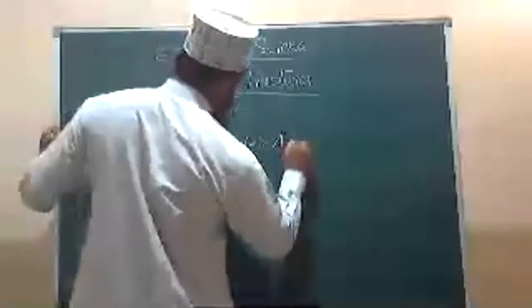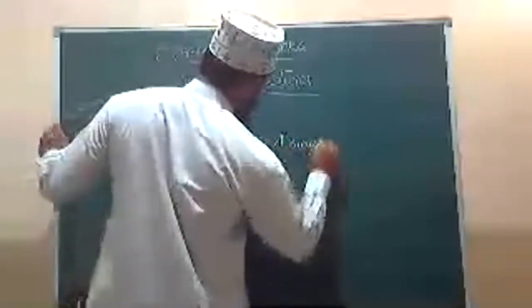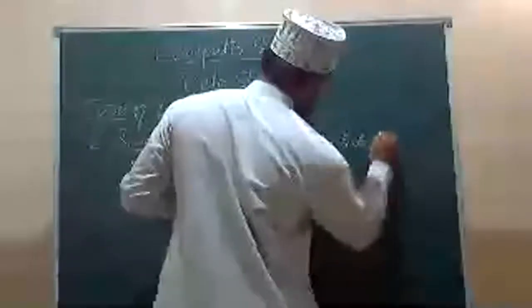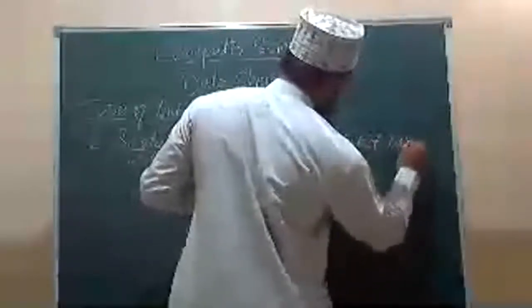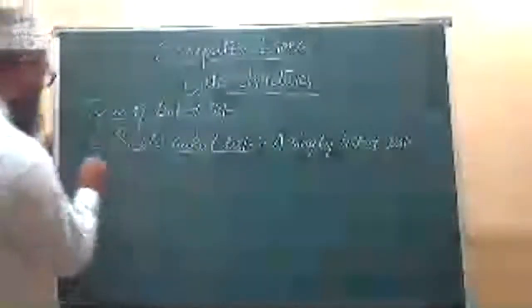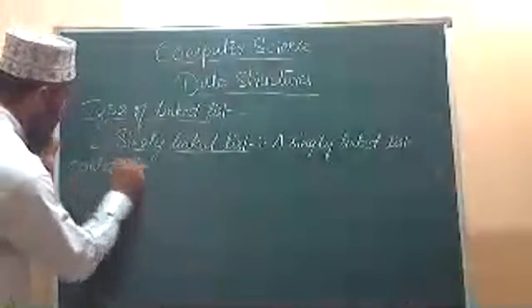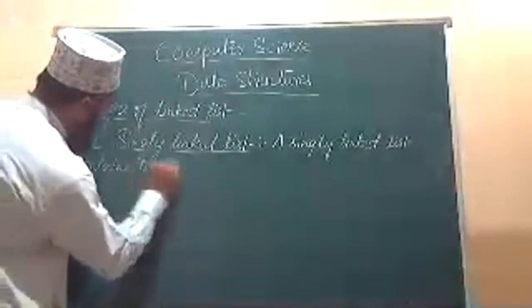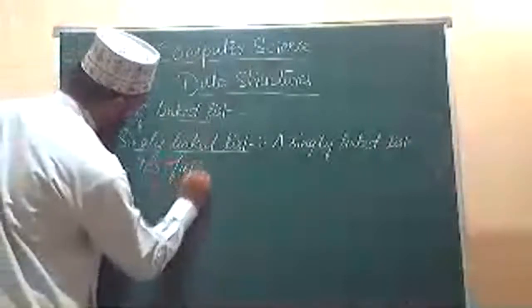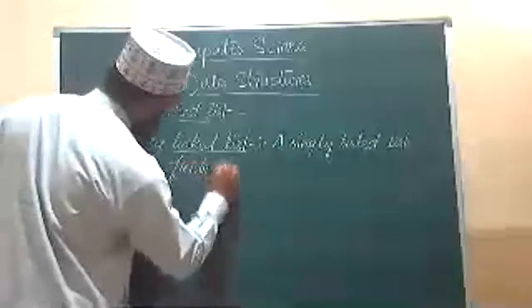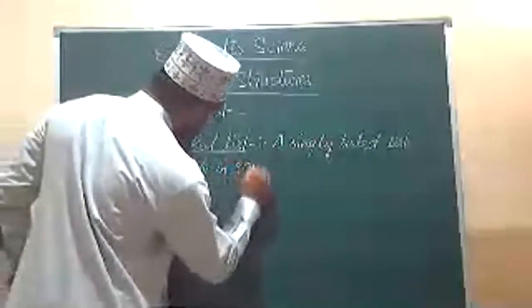A singly linked list contains two fields in each node.